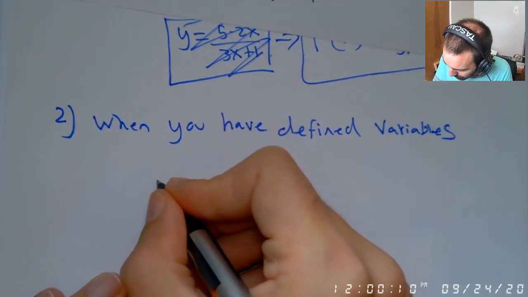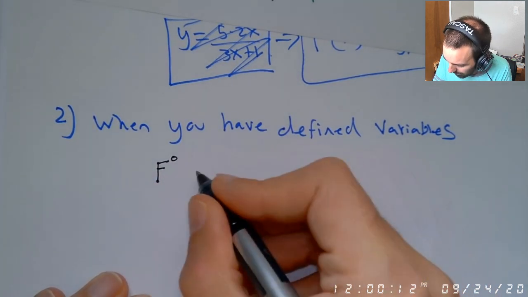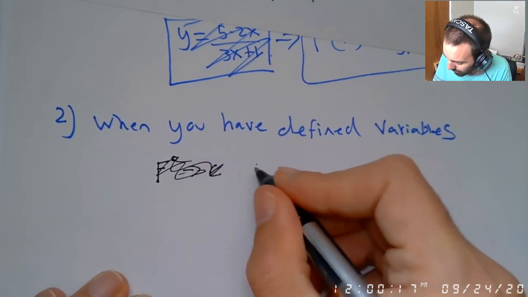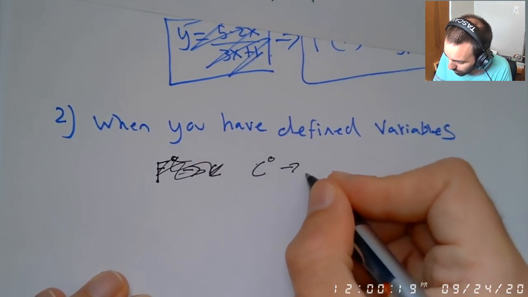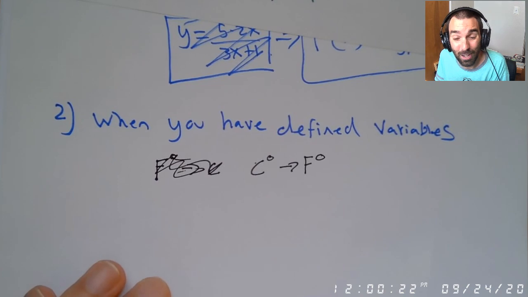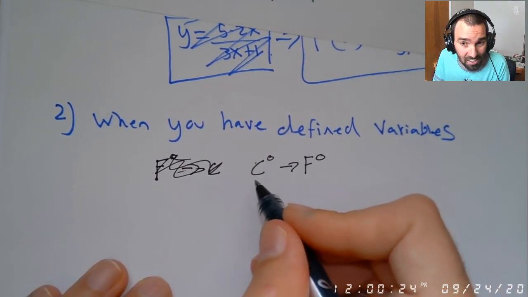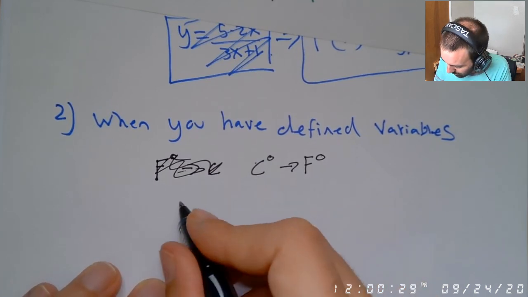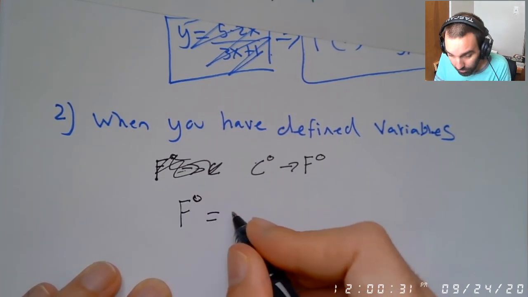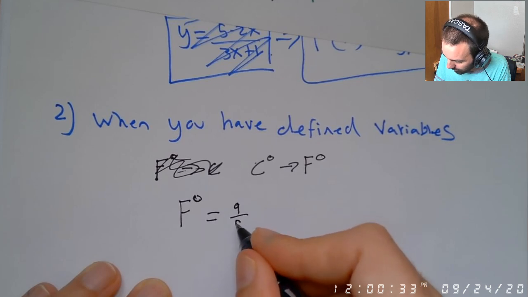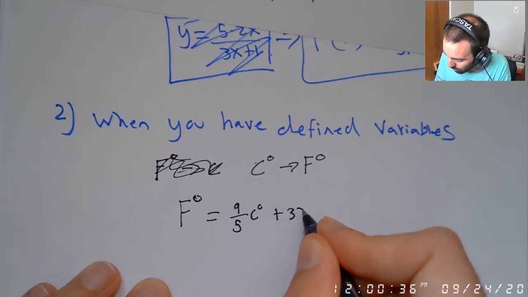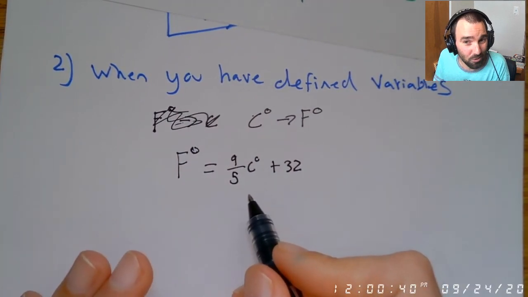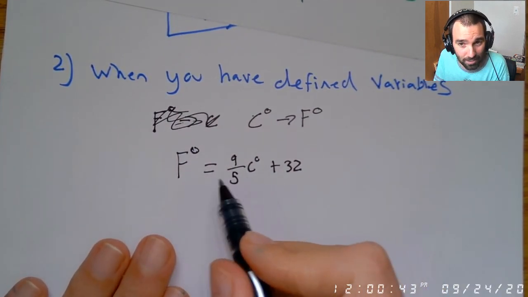So let's say I want to go from degrees Celsius to degrees Fahrenheit. Those are defined letters, right? C is not an input. F is not an output. So when I write Fahrenheit equals 9/5 Celsius plus 32, there is no input, there is no output. These are defined variables.